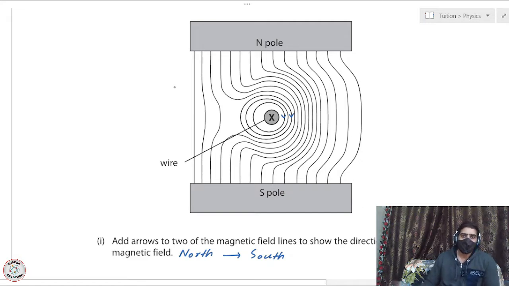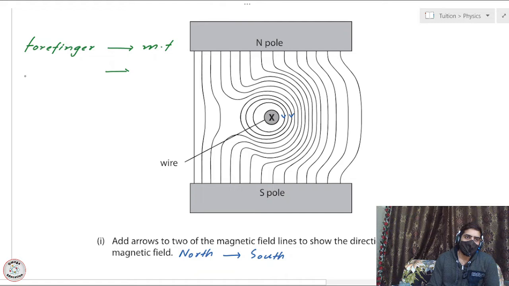First of all, the rule says, if you remember the rule, that your forefinger should be in the direction of the magnetic field, and your index finger, sorry, index or forefinger is just the same thing.